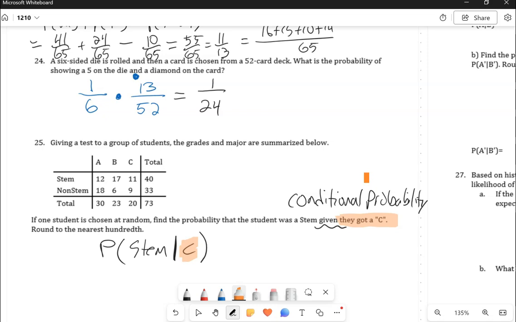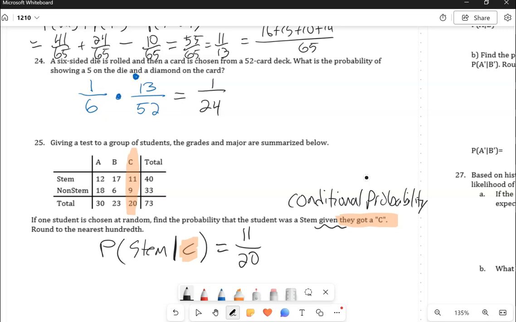Given you got a C means that you are only in that, in this case, column. Sometimes the given is a row, sometimes it's a column. If it was given that they're non-stem, that would have been a row. This one's given that they've got a C. That column is the only set of numbers you look at. Now from that column, how many are stem? 11. How many are total? 20. So the given, the second part of the conditional probability, tells you which row or column you're in. Don't look at any other numbers besides that are in there.